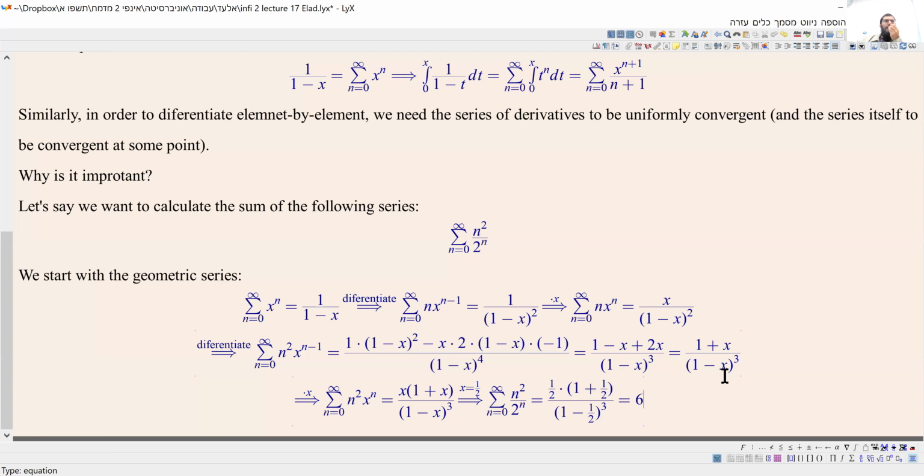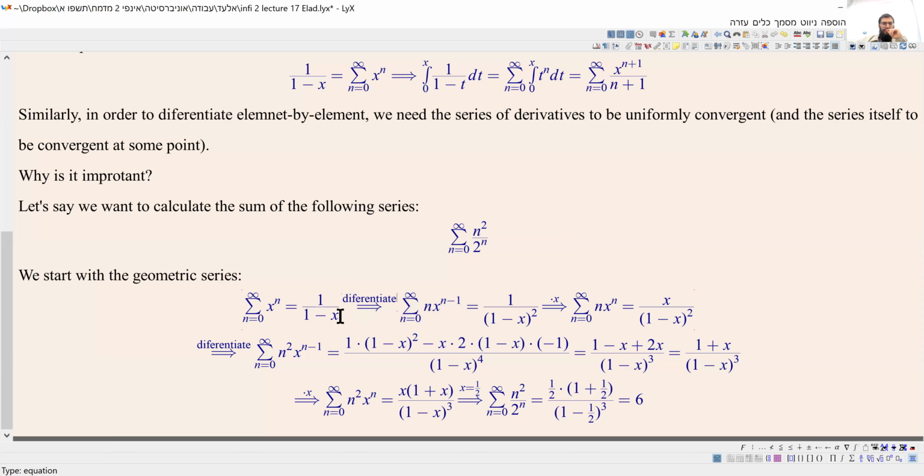Student: In each of the steps you have to prove that the derivative is uniformly convergent. Yes, so we have to. We have two things here that need to be proved. Multiplying by x is multiplying by a constant, it's totally fine, whatever the series is. But differentiating element by element requires us to know that the series of derivatives is uniformly convergent.